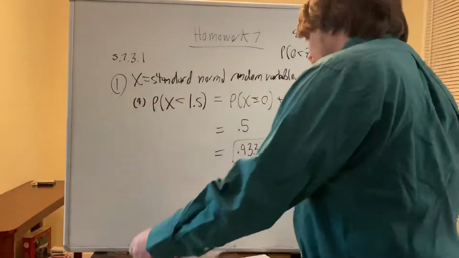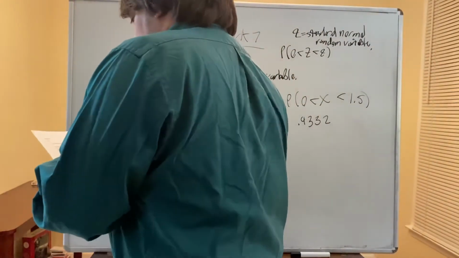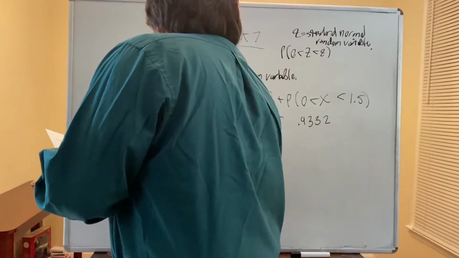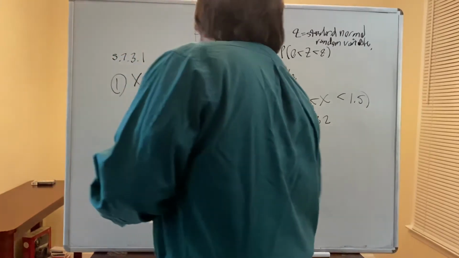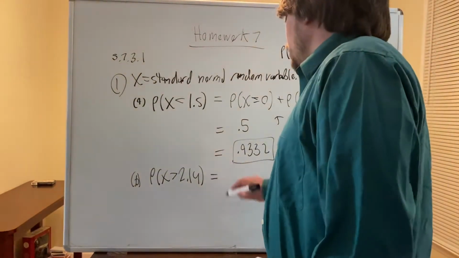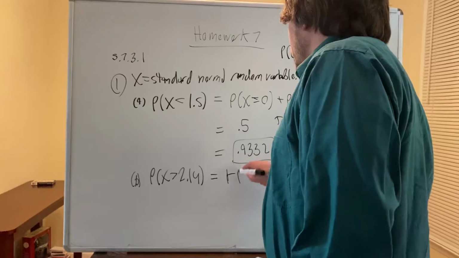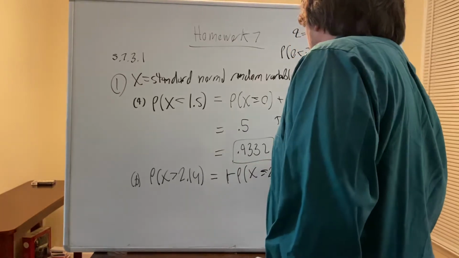Okay? So for part B, it says find the probability that x is greater than 2.14. The probability that x is greater than 2.14 is 1 minus the probability that x is less than or equal to 2.14.